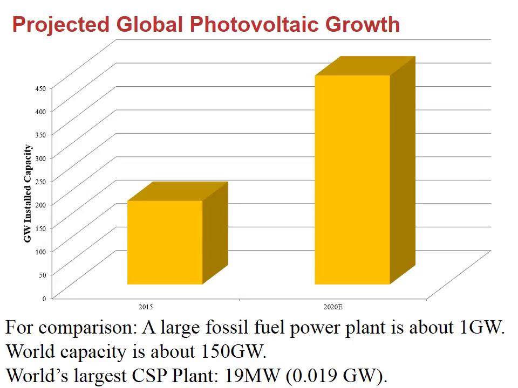The world's largest power plant that gets its energy from the sun is actually not a PV plant. It's a CSP plant. That stands for Concentrated Solar Power, which we'll talk about in class next week. But just to compare, that's a 19 megawatt plant.